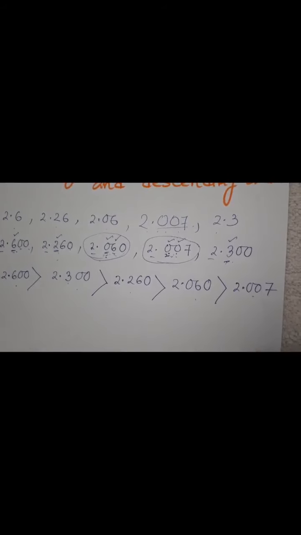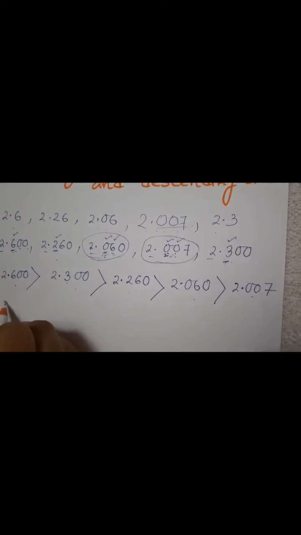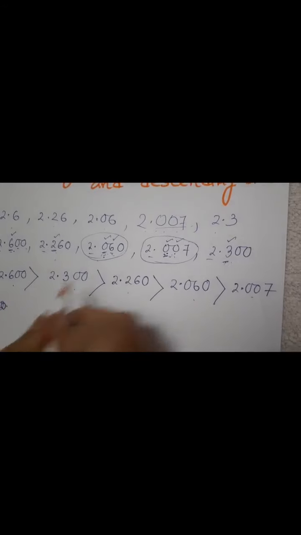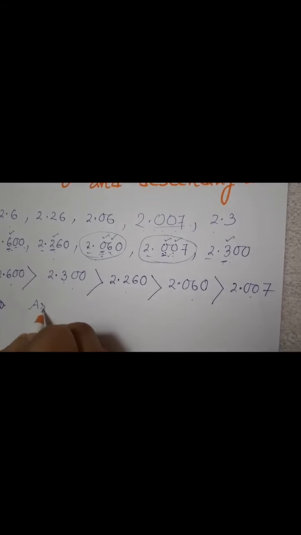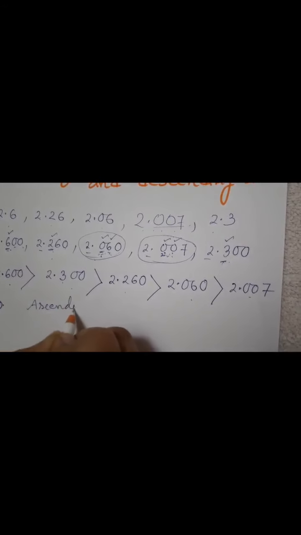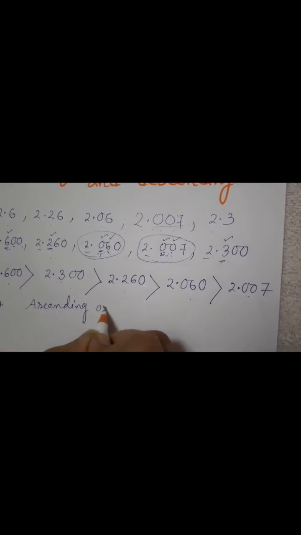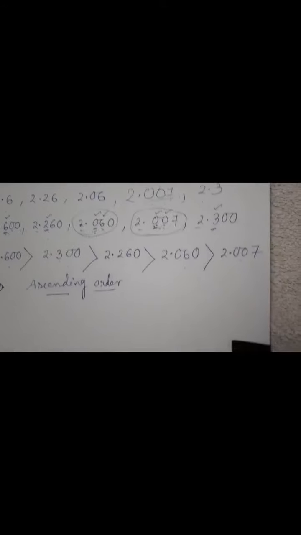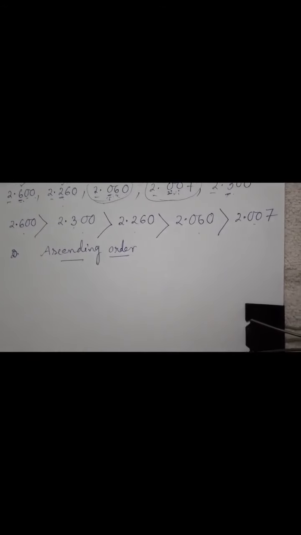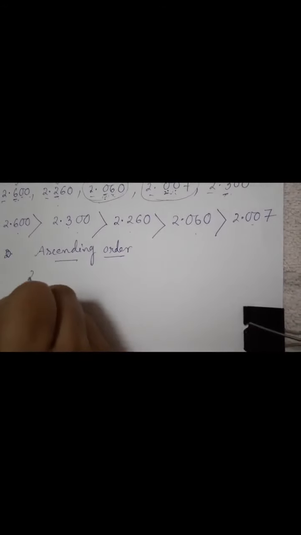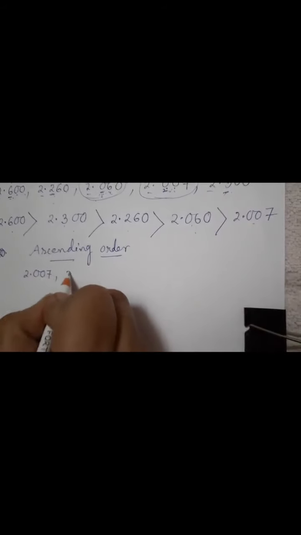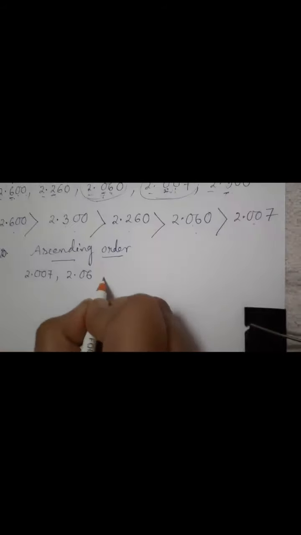So if you want to write in ascending order, you have to write the smaller one first. Ascending means rising. So first 2.007 will come, then 2.06.